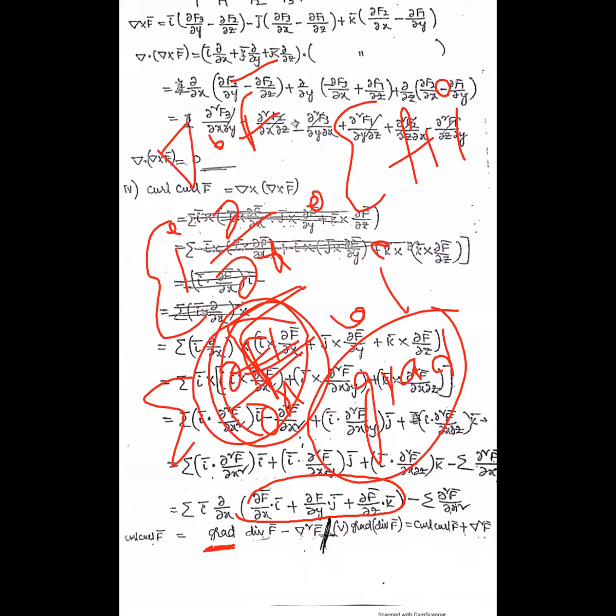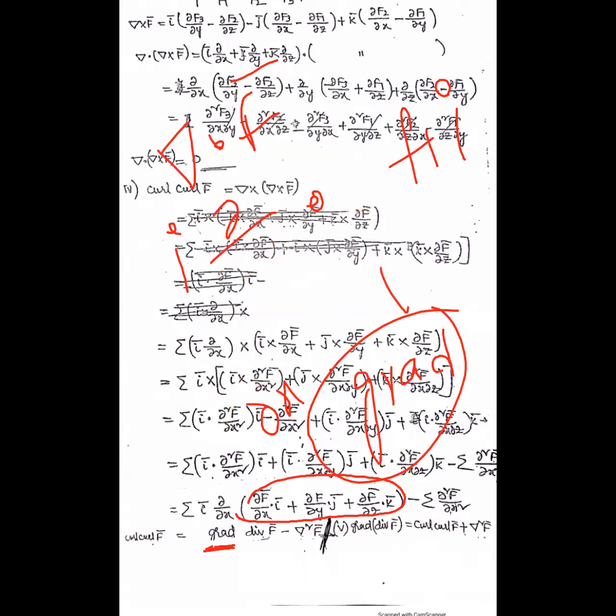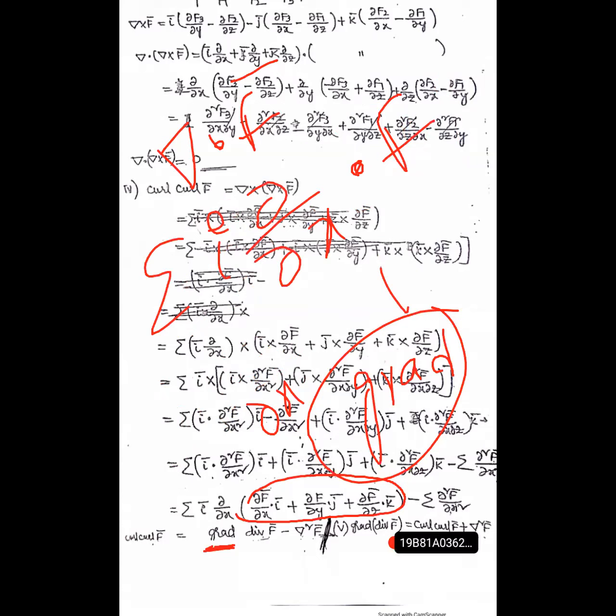So i dot ∂f/∂x is written as div f bar. So div is symbolically written as sigma i ∂/∂x dot f, that equals multiplying the derivative always to a function, so that equals i bar dot ∂f/∂x. In reverse way, we get i dot ∂f/∂x equal to i ∂/∂x dot f, that equals del dot f, that equals div f.